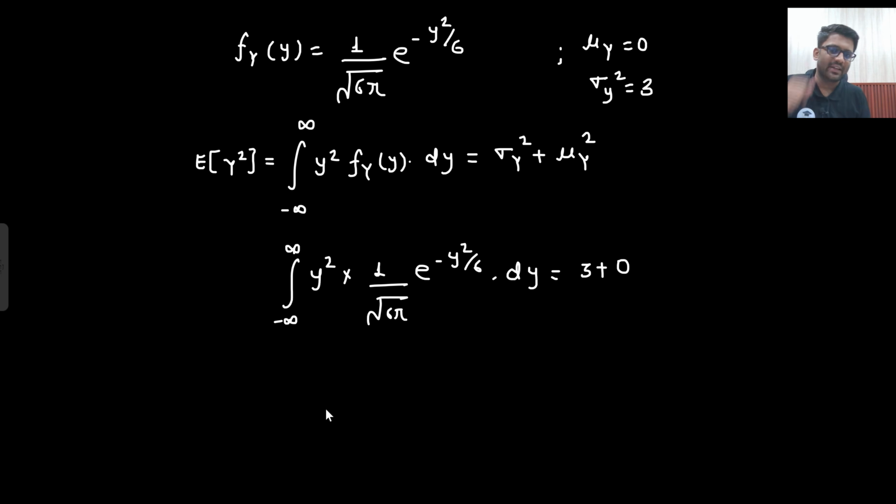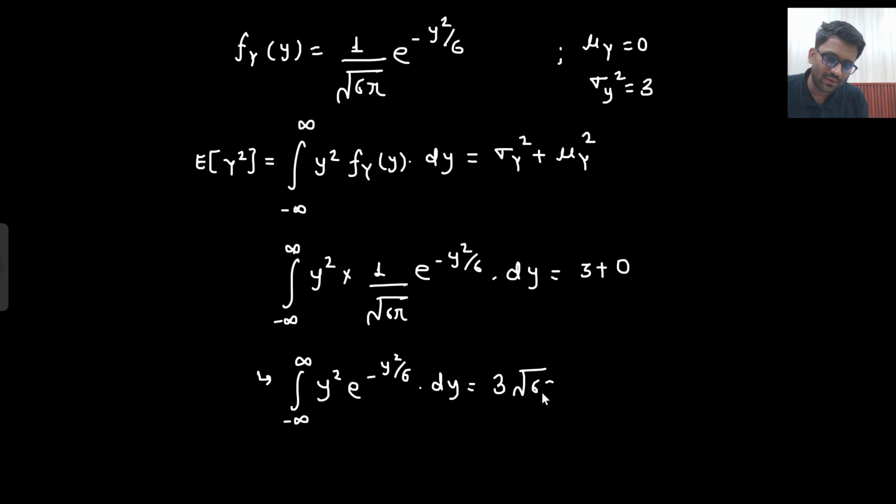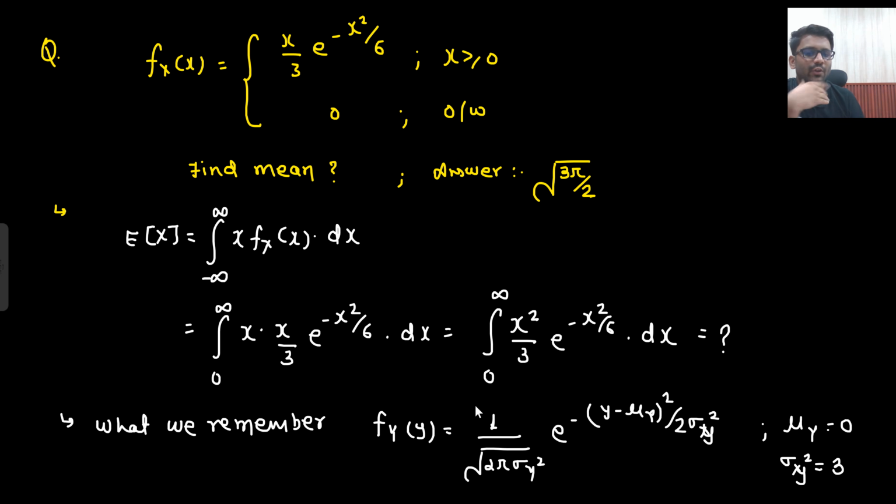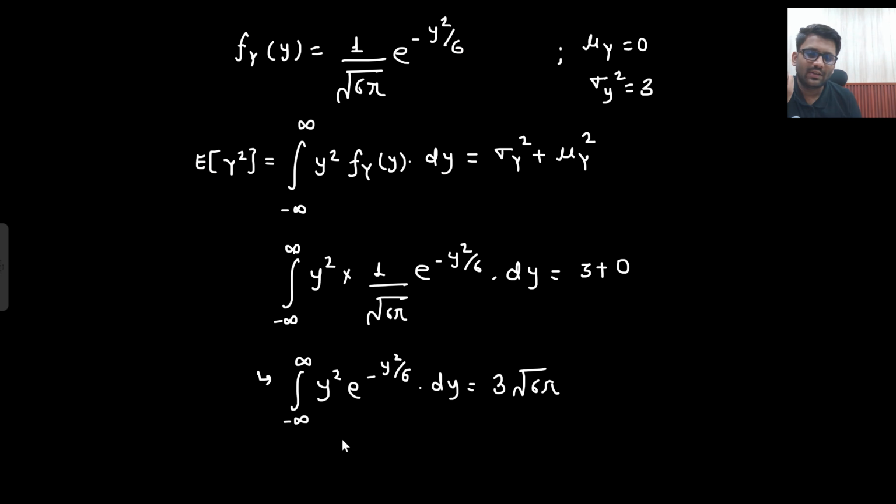So under root 6 pi goes to the other side, and what you are getting is the integral from minus infinity to infinity of y square e to the power minus y square by 6 dy is coming out to be 3 into under root 6 pi. Say yes or no? 3 into under root 6 pi. But what do you want? Here you want x square by 3 e to the power minus x square by 6 dx.